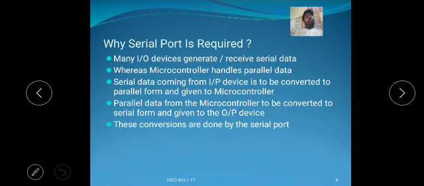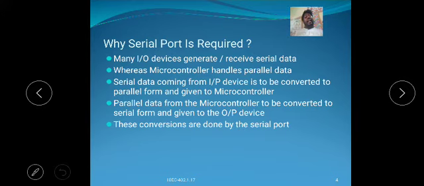Many input output devices generate, that means give, and receive serial data, whereas the microcontroller handles parallel data.